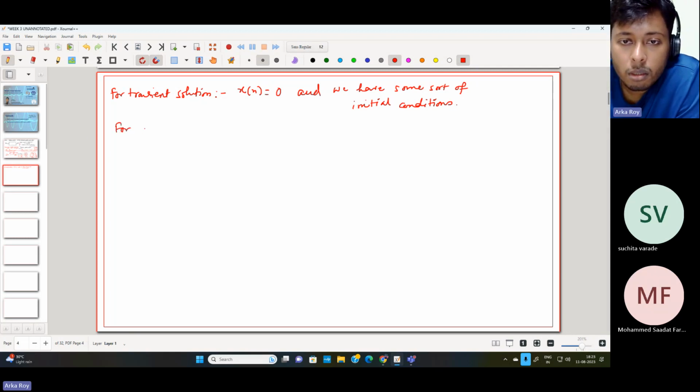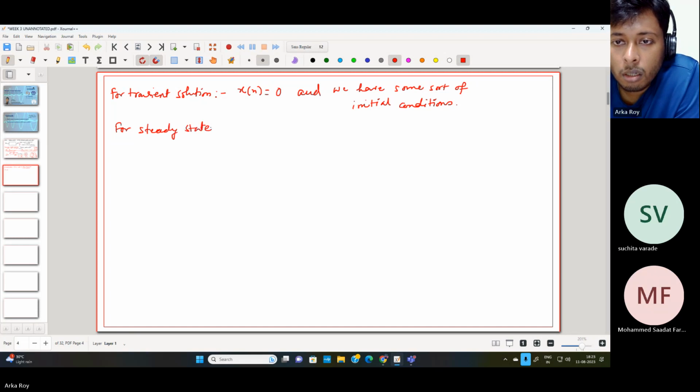And for the steady state solution, x of n will be there.